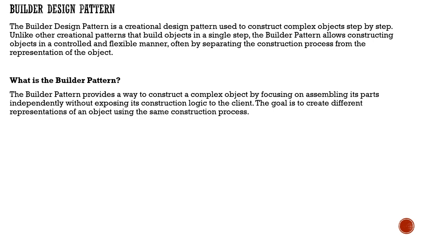So when the client is trying to create objects using the builder pattern, the client is unaware of what exactly is happening internally. You just create the objects step by step, whatever is required. Even if it has large attributes, it will be taken care of with the basic things which are required, and then whatever else is required is added.